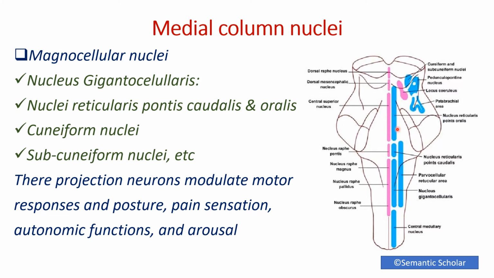These nuclei are important to modulate the motor responses and posture, pain sensation, autonomic functions and arousal. So they are larger than the median nuclei as well as the lateral nuclei. They belong to the magnocellular group.